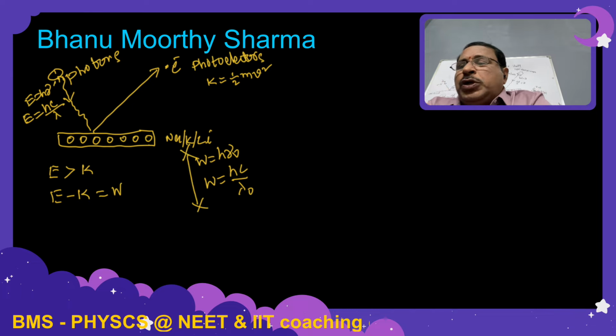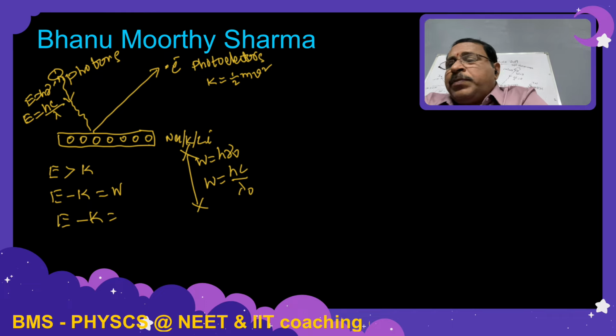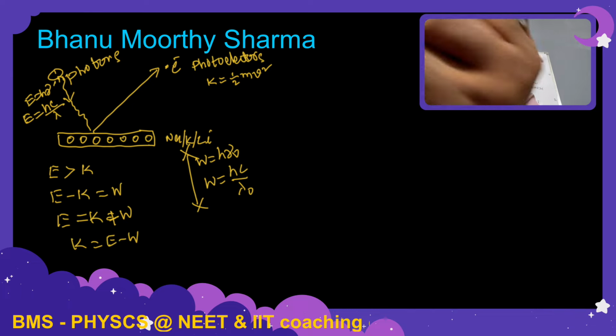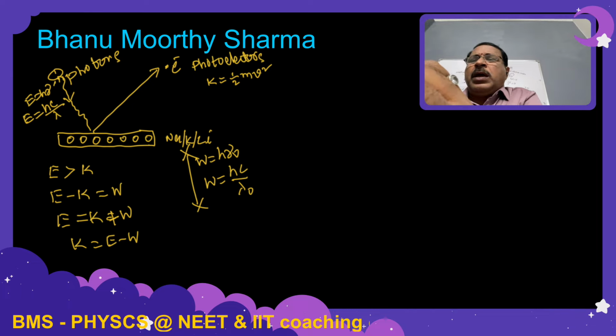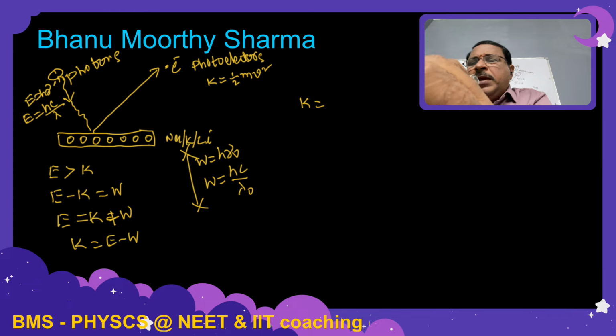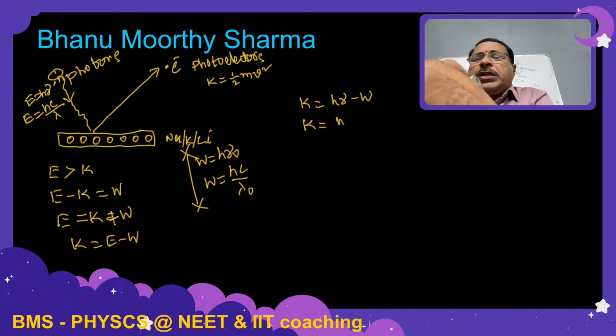Now we can substitute here. E minus K equals W, that is h nu, or hc by lambda, we can write, equals K plus W, or K equals E minus W. We can frame many equations from this. The first equation for kinetic energy: K equals h nu minus W. The second formula, Einstein's photoelectric equation, is h nu minus h nu naught.